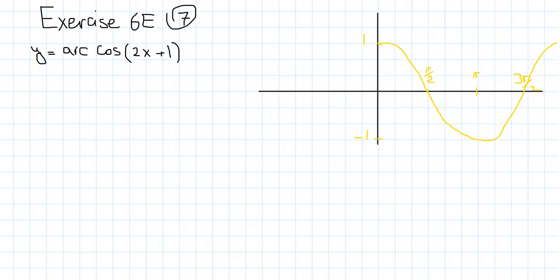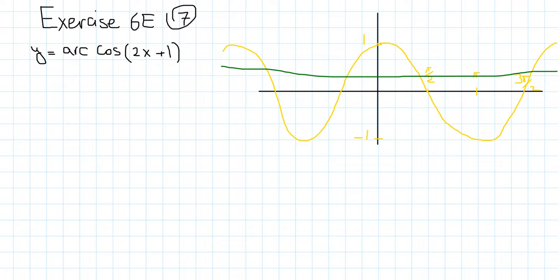So if I want to draw the cosine inverse, I should find a restricted domain on which the graph is 1 to 1. Because the graph of cosine continues, if you draw a horizontal line, it intersects in more than one point. So it is not 1 to 1 in the whole domain.